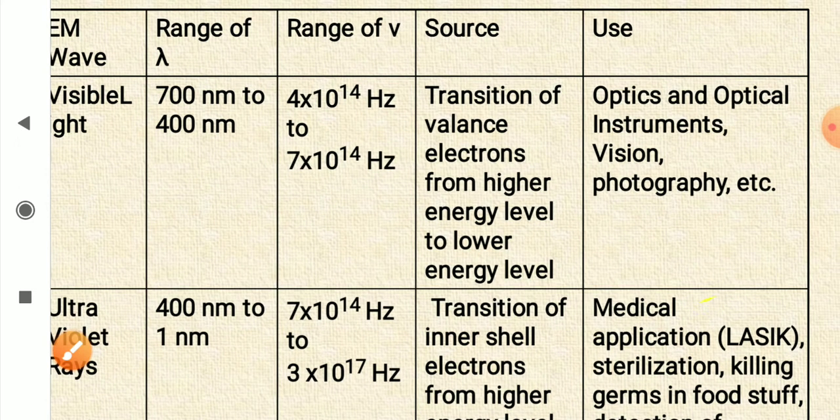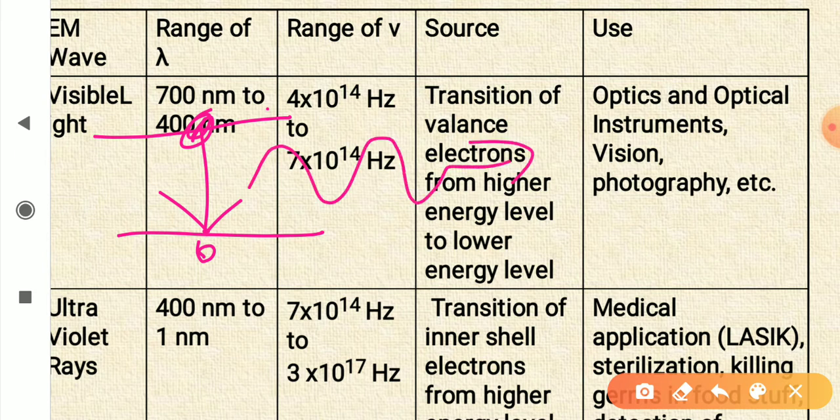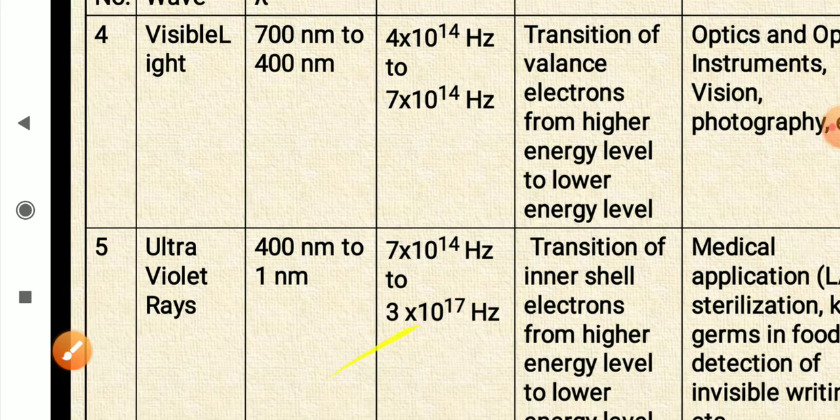So, when electrons come down to lower energy level from higher energy level, this energy difference is emitted as visible light. They are used in optical instruments, optics, vision. We can see only visible light, and in photography.